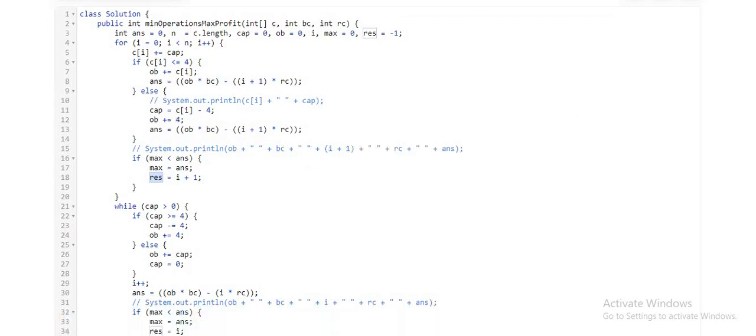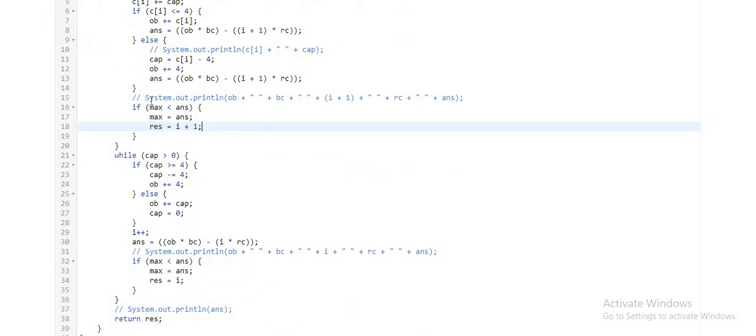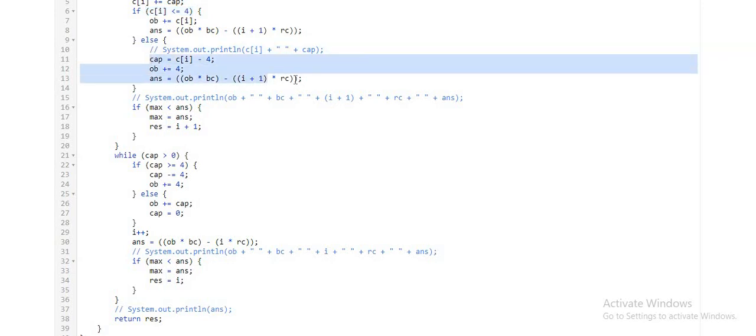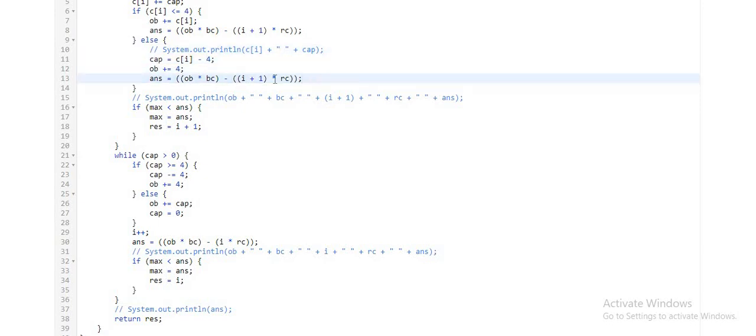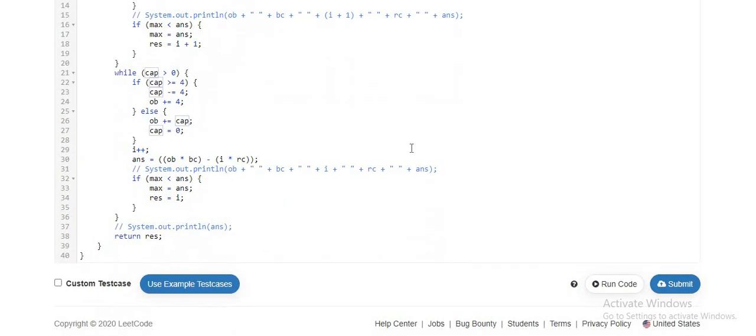If we consider example one, initially it goes inside this else condition, and it reduces 8 minus 4, so 4 remains. For the next operation, the capacity for c of i becomes 3 plus 4, that is 7. So again it will go inside this else condition. Now 7 minus 4 is 3. So capacity is still greater than 0, so 3 people are yet to onboard.